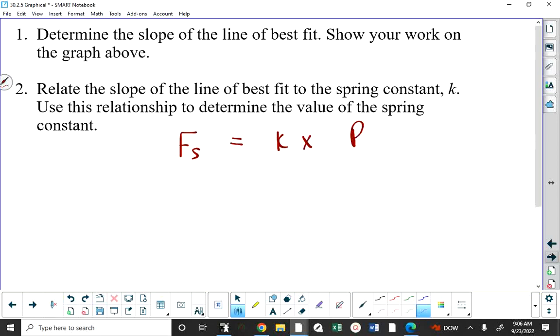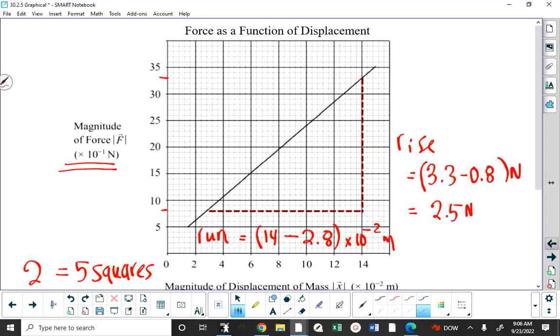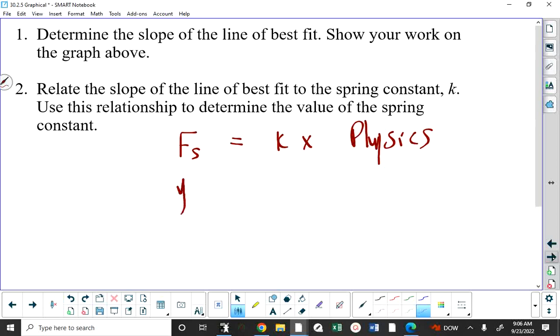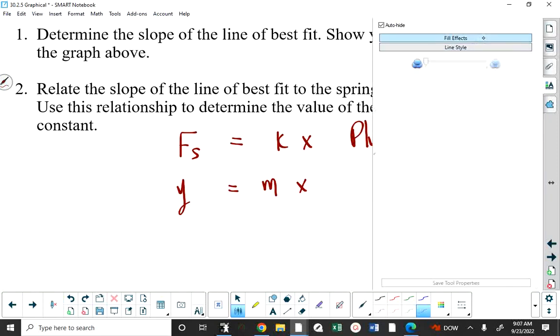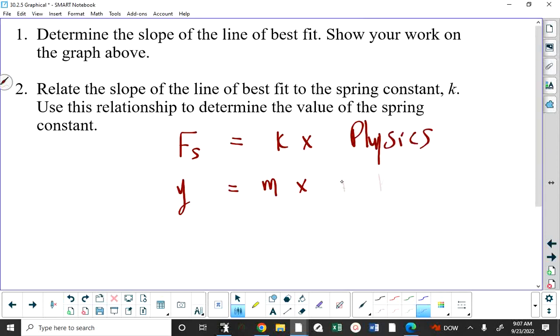And this is a physics relationship, right? It's describing physical quantities. But mathematically, when we look at this line, it's a straight line, which means that it has to follow the rule of y equals mx plus b.